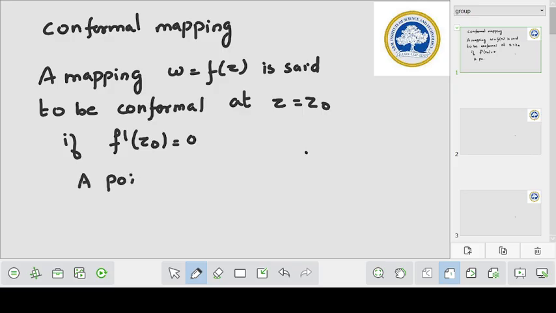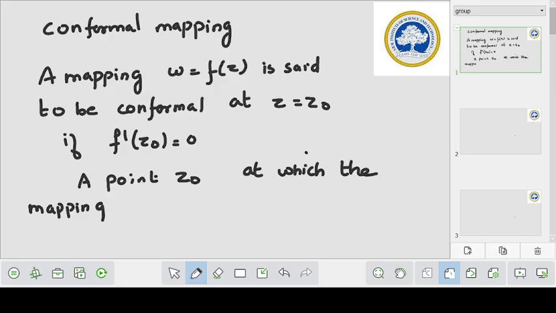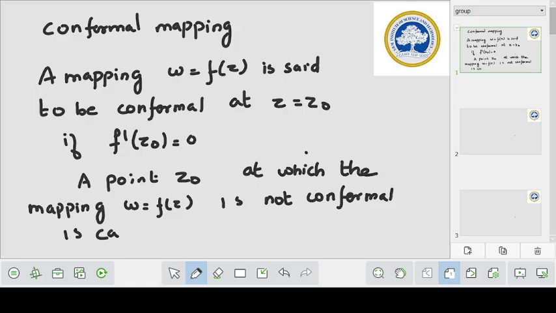A point z naught at which the mapping w equal to f of z is not conformal is called a critical point.